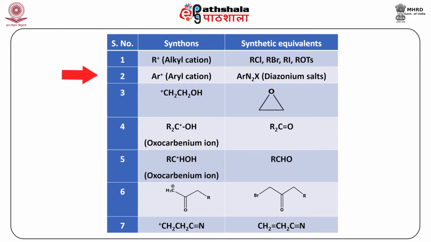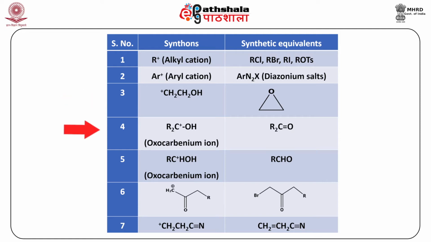Taking the case of Ar plus, that is aryl cation as synthon, you will be using aryl diazonium salt, because the moment you have this dissociation you will be generating the Ar plus. Looking at this particular case where you have this carbocation, this can be generated from this particular synthetic equivalent, that is the epoxide.